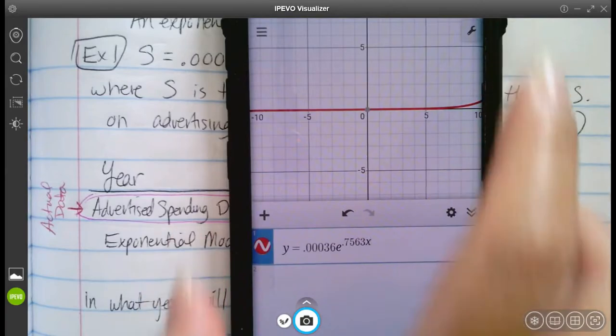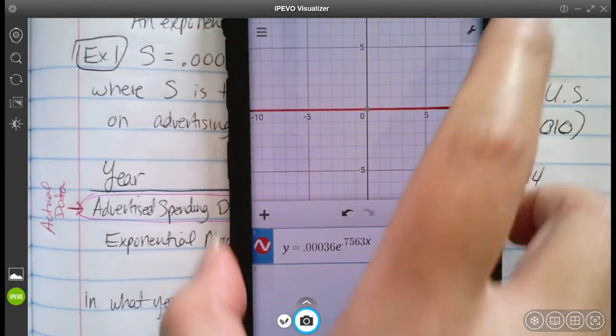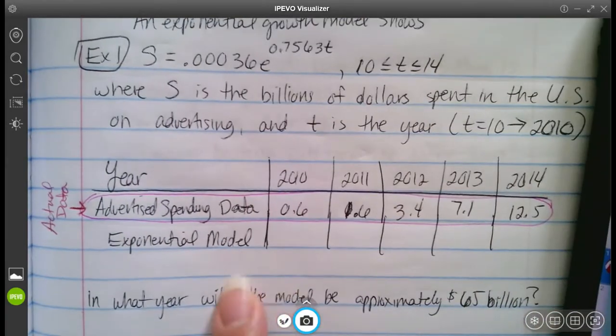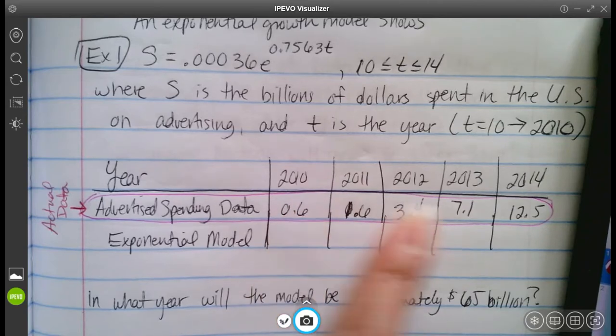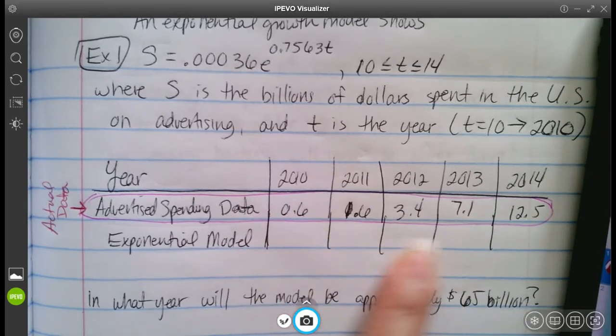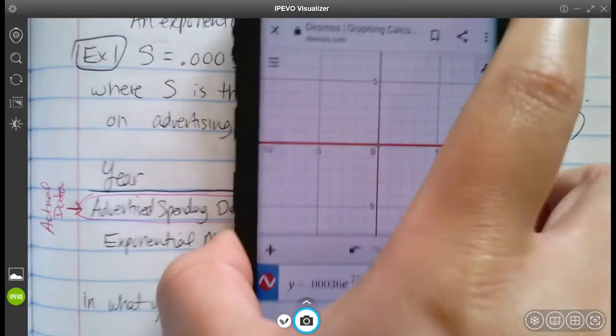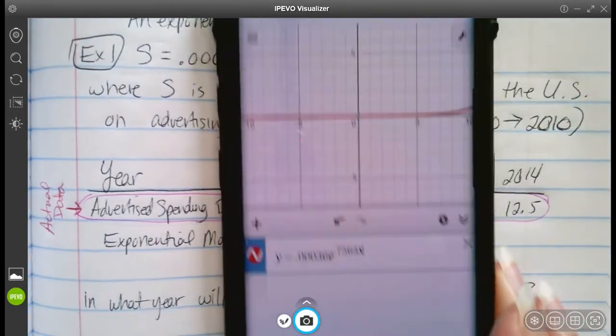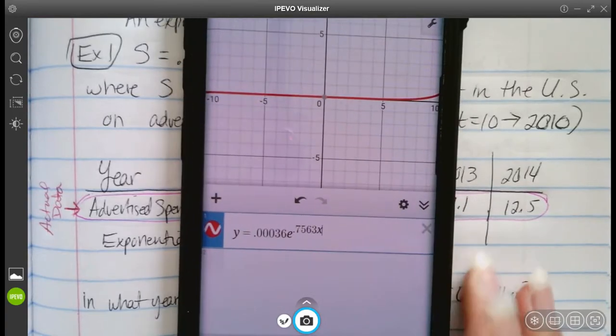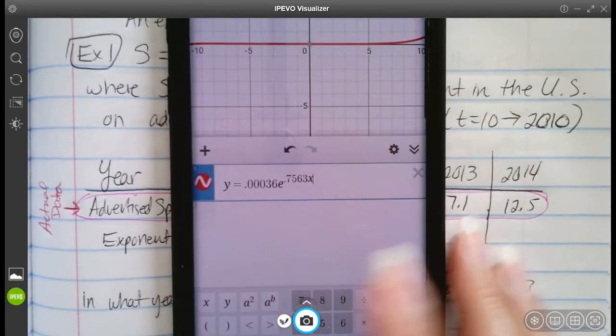All right, so we want to find values for this exponential model. Basically 2010 through 14, I'm going to find the value according to the model. I guess it wouldn't be the actual value, it'd be the exponential model values. To do that, because I know some of us have had some issues with this, you want to get the table.